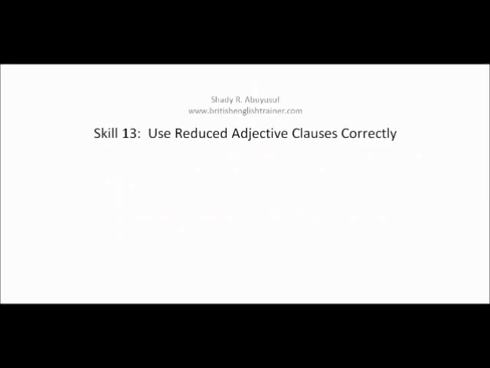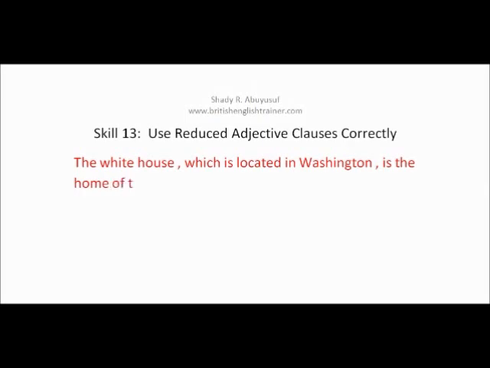Now let's move to another interesting point, and let me show you this sentence here. The sentence goes as follows: The White House, which is located in Washington, is the home of the president.